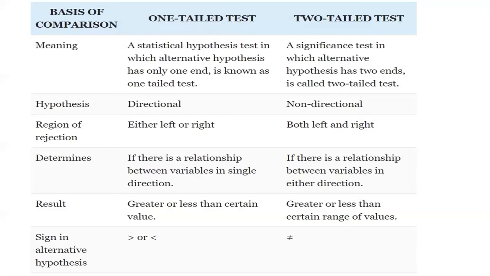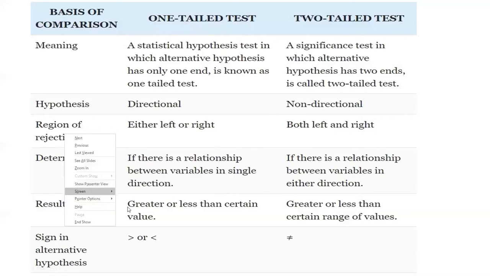A one-tail test is denoted by a less than or greater than sign, and a two-tail test by the not equal to sign. These are the symbols used.